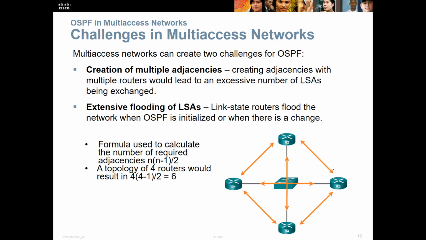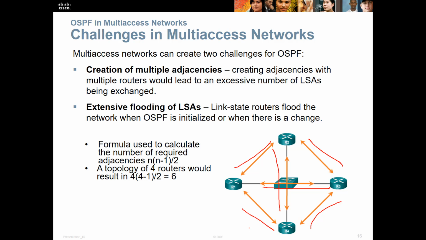If we have this network, we have a simple formula for calculating the number of required adjacencies: n times n minus 1, divided by 2. So we have 4 routers. 4 times 4 minus 1 is 3, so that's 12 divided by 2. We have 6 adjacencies. 1, 2, 3, 4, 5, 6.